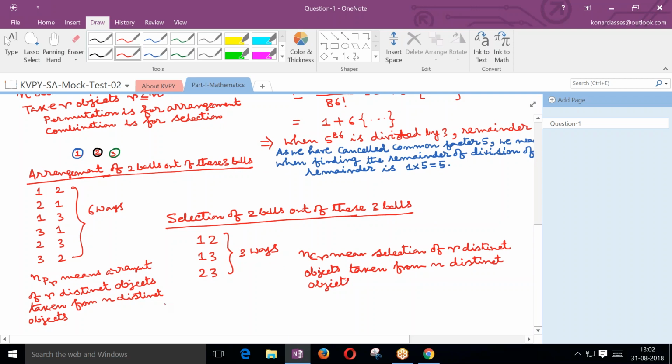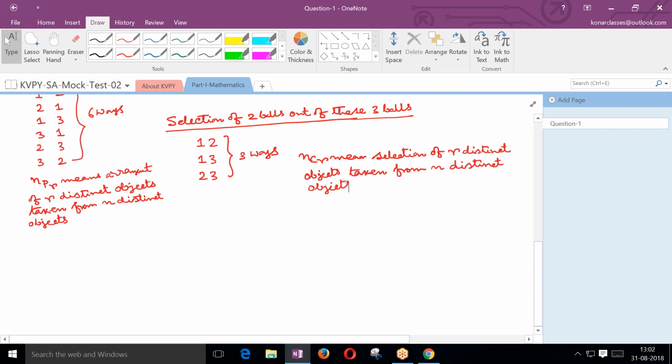So what is the formula for nPr? Let me use a different color. For nPr, the formula is n factorial divided by (n minus r) factorial. And for nCr, the formula is n factorial divided by r factorial into (n minus r) factorial.